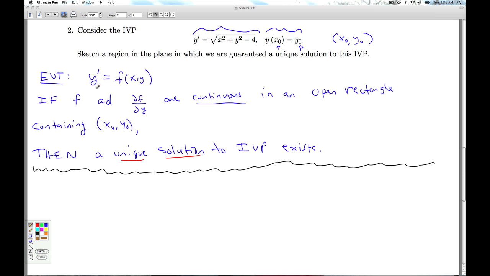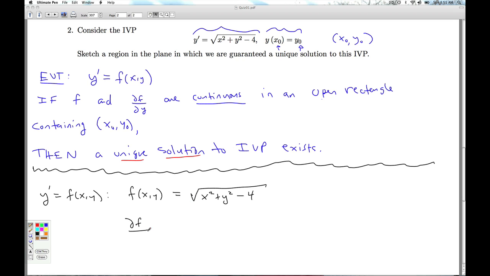Okay, so to apply this theorem, y prime equals f of x y, I already have it in that form. The f of x y is the square root of x squared plus y squared minus 4. So I need to figure out when it's happy and when its derivative with respect to y is happy.